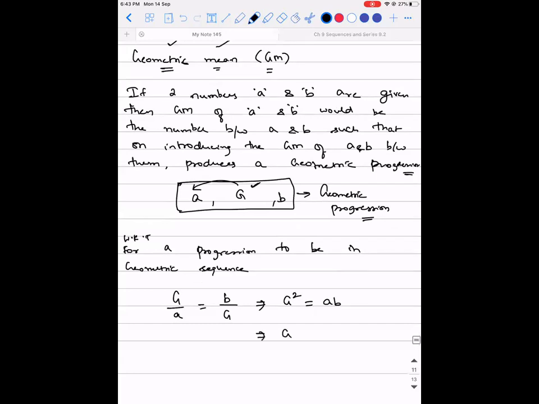From this we can conclude G will be equal to root of AB. So the geometric mean of two numbers A and B is given as root of A into B. Is it clear?